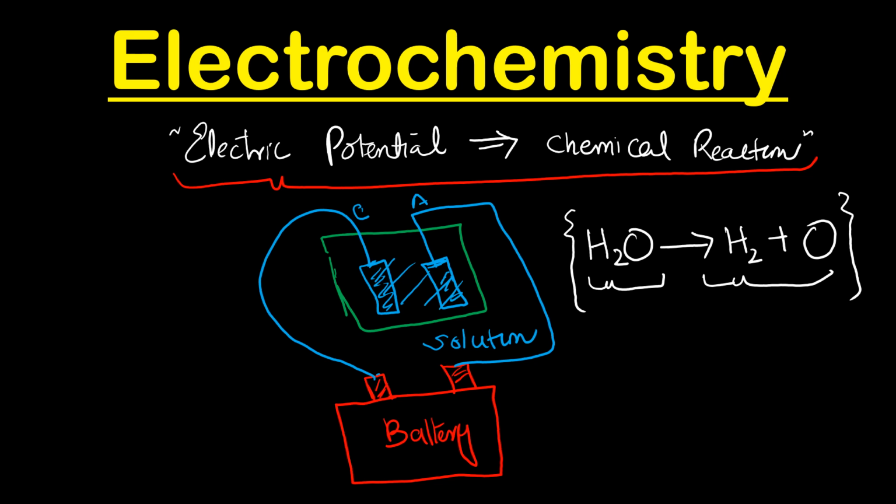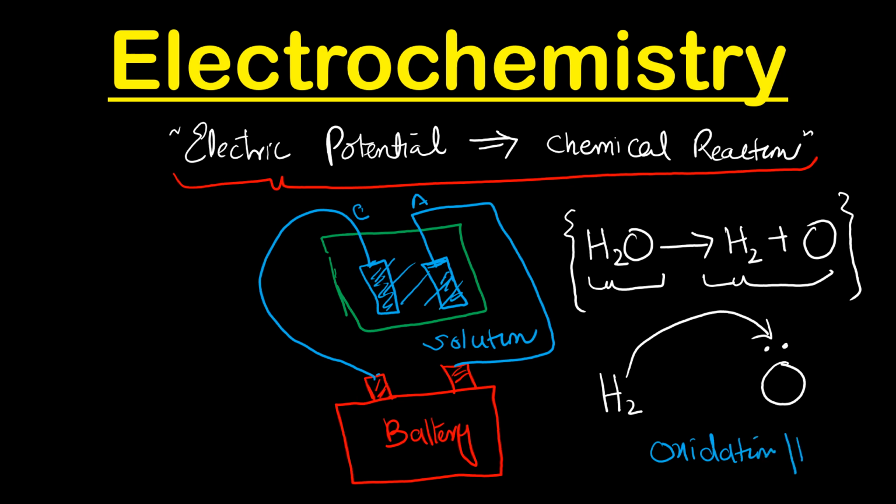Now, as you know, oxygen O requires two electrons, whereas hydrogen H2 has two additional electrons, so they will transfer these electrons toward the oxygen atom, and in this way an oxidation-reduction reaction will take place.